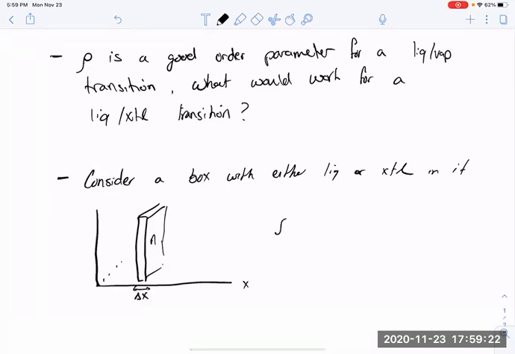I could define a density, which is not the bulk density, but the density in that little region of x, say the number of particles per unit volume along x.